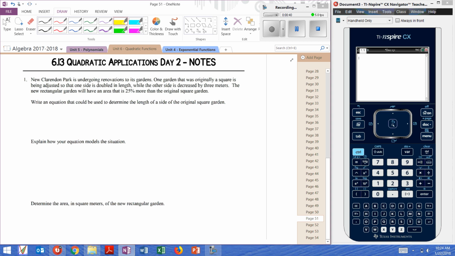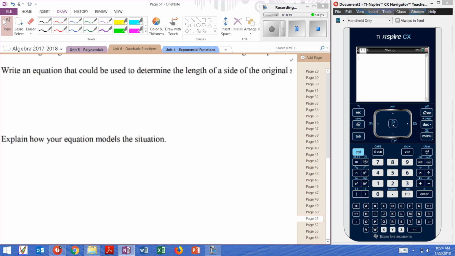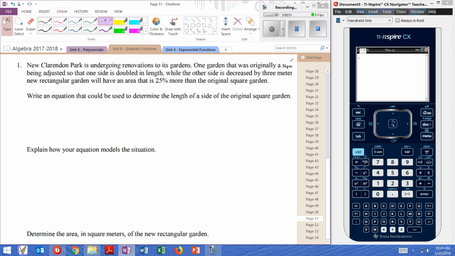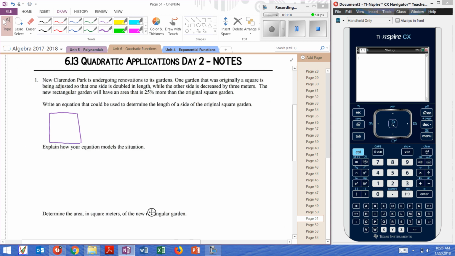So a park is going to have renovations to its garden, and a garden was originally a square. Okay, so first thing, let's draw a picture of this. It was originally a square. And something happened to it. It was adjusted.